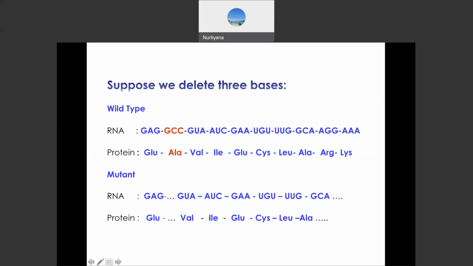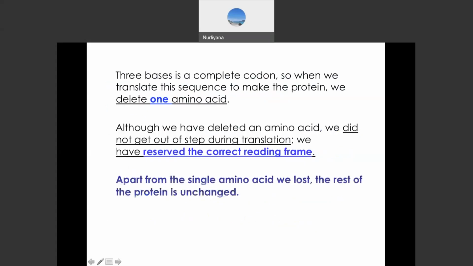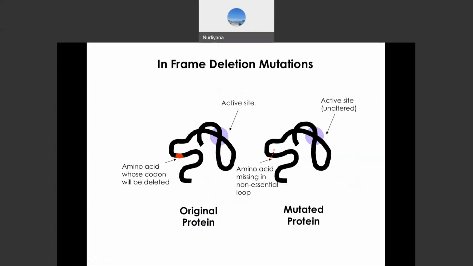It's just that it is missing one type of amino acid, so the rest of the protein is still formed during translation. As long as the deletion did not occur on the active site, the mutation should be fine.